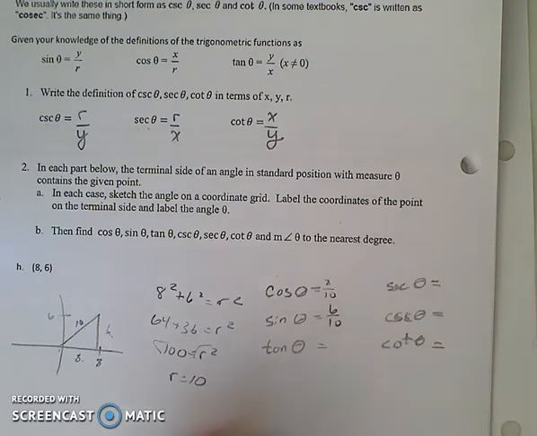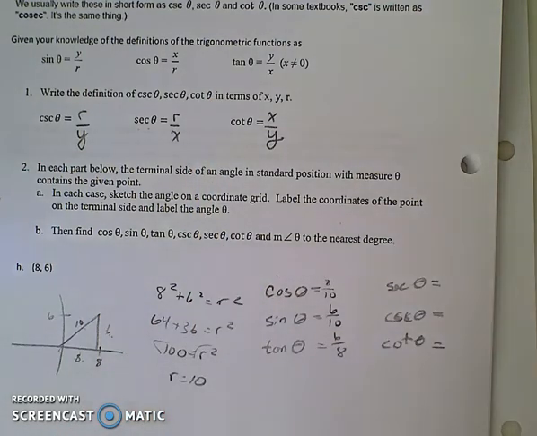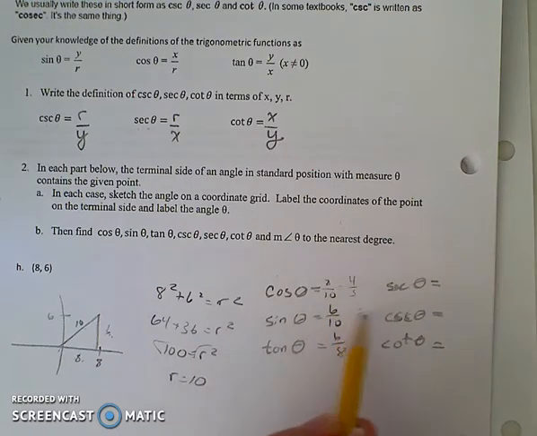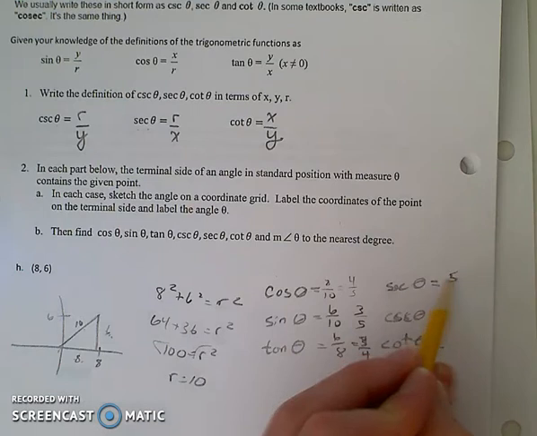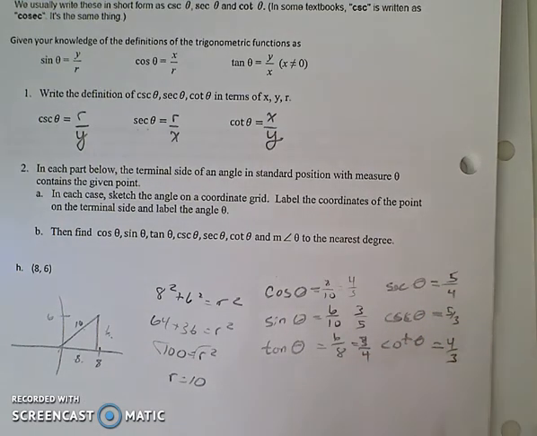Tan theta, y over x, 6 over 8. All these came from right up here, what x, y, and r are. And then you could simplify these if you wanted to. You don't have to. But what we have over here is the reciprocals. All you're going to do is flip it. That is it. You're done.